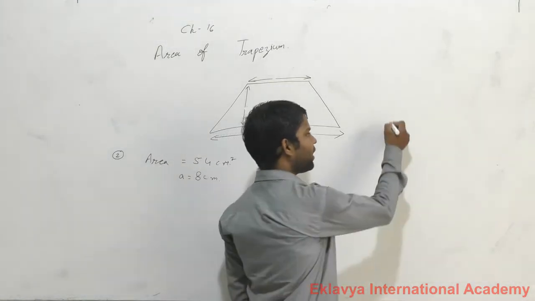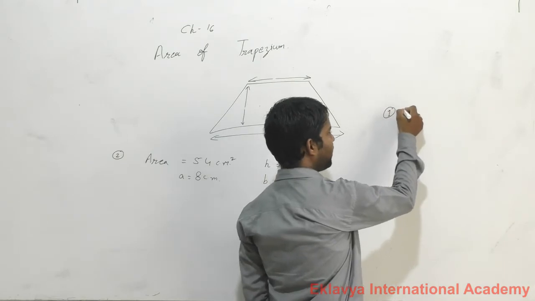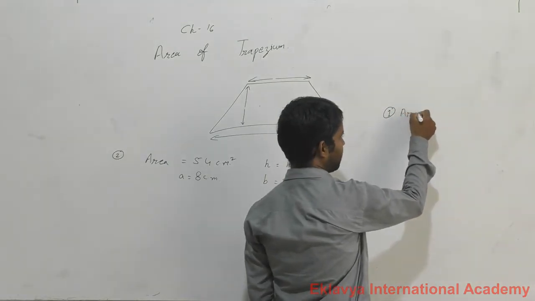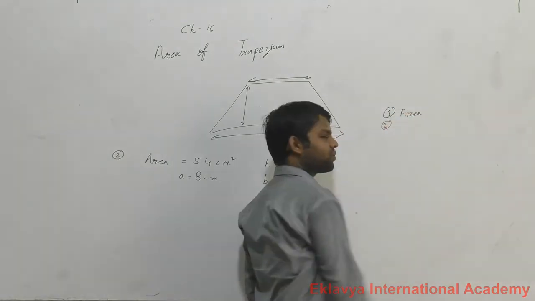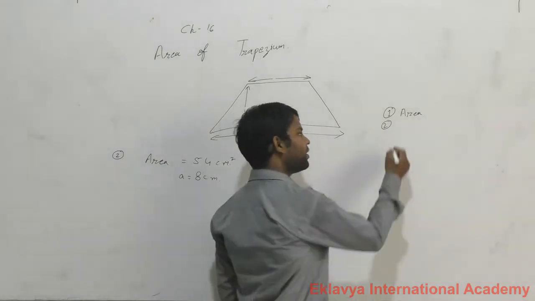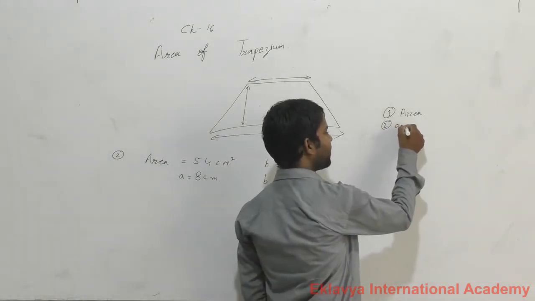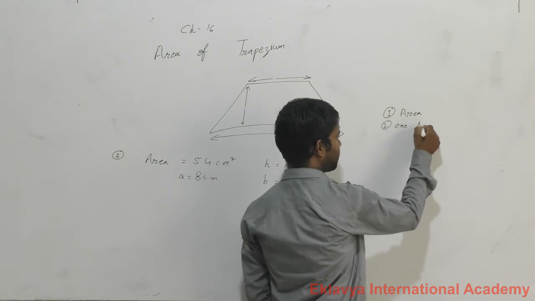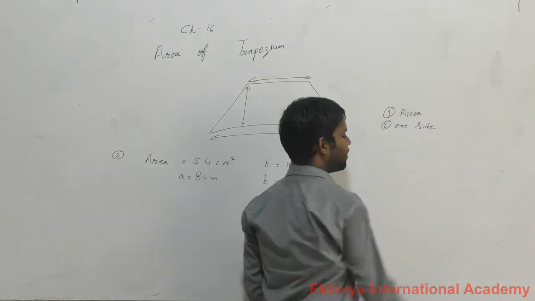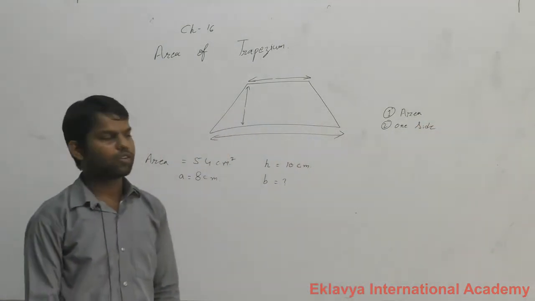In first type we find area. In second type questions we want to find one parallel side that is not given in the question.